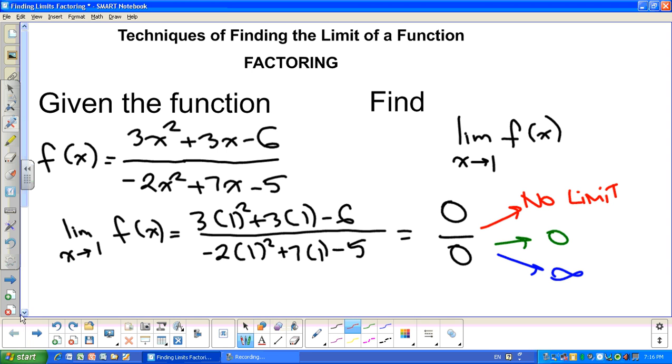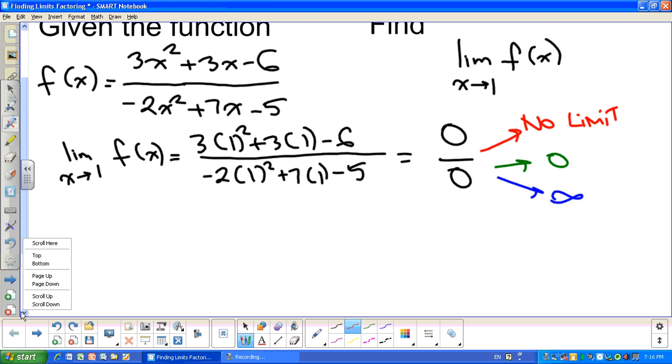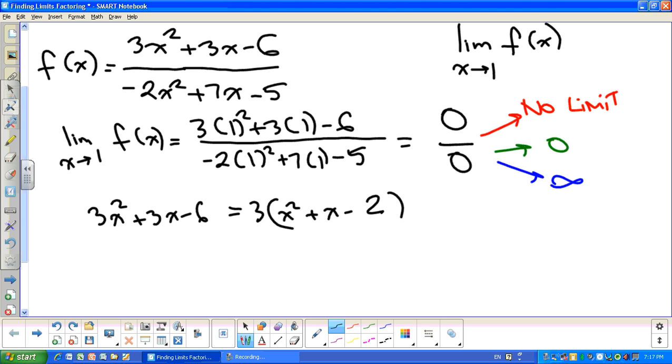The question is how. That intuition is not enough. I need to find that limit algebraically. So what I suggest we do, we take both the top and the bottom of this fraction and we try to factor. Let's see if it's possible. I notice a common factor of 3 in the numerator: 3 times x squared plus x minus 2.